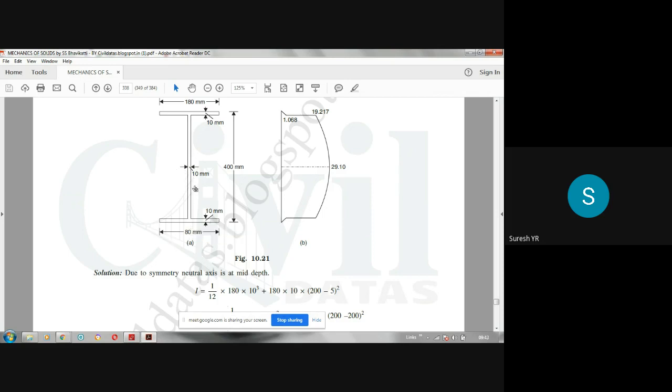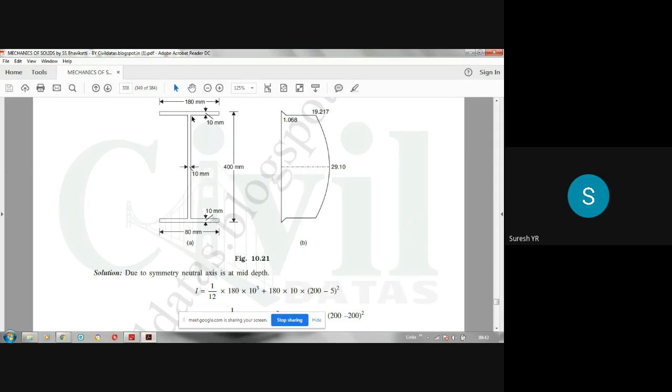Now we know that the centroid exactly lies at 200 millimeter from the bottom because the total depth is 400 mm. So this will be 200 mm. The centroid of this I section will be exactly here at 200 mm. Now let us apply the parallel axis theorem for this top rectangle. According to the parallel axis theorem, the moment of inertia about this neutral axis will be equal to the moment of inertia about its centroidal axis, which is B D cube by 12 of this rectangle, plus the area of that rectangle into the square of the distance between the centroid of that rectangle and the neutral axis.